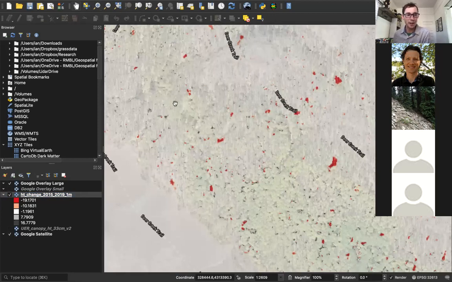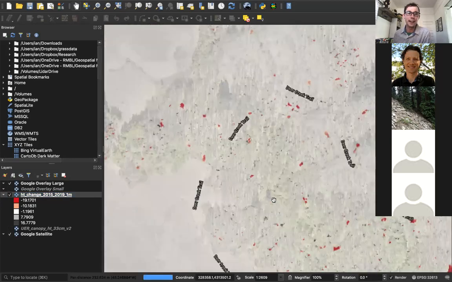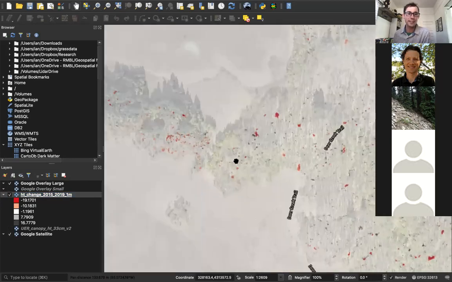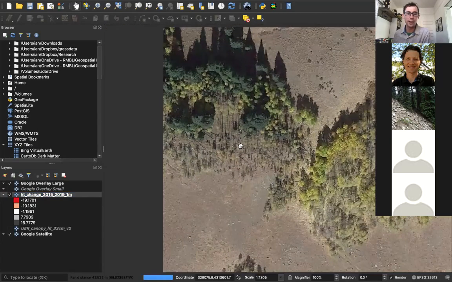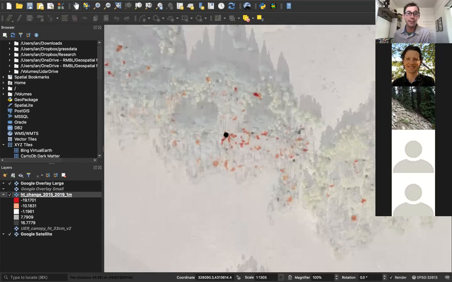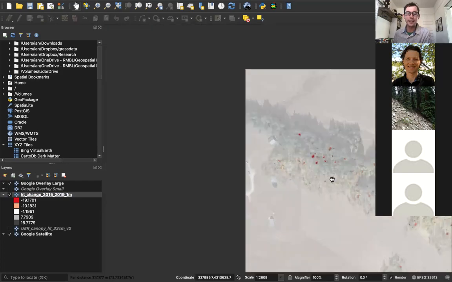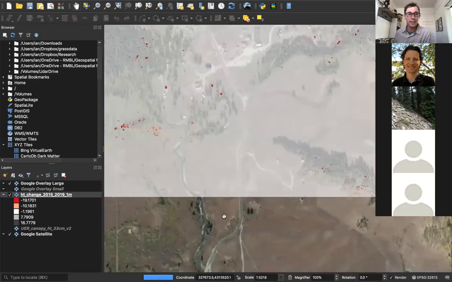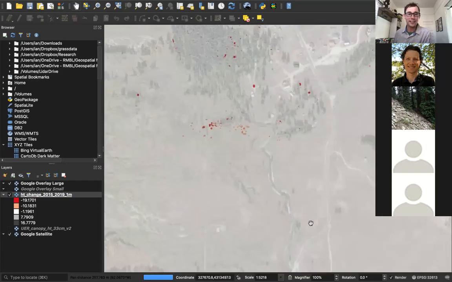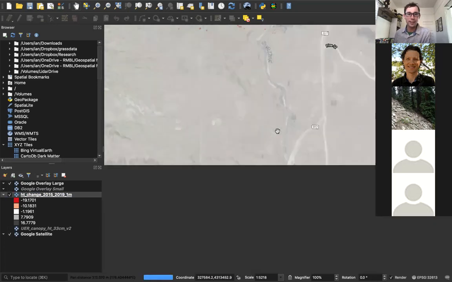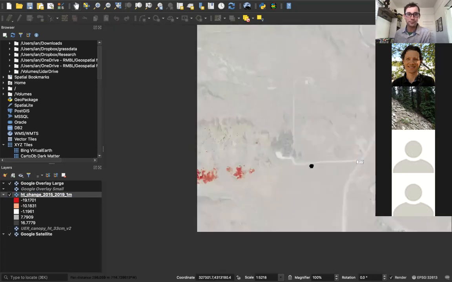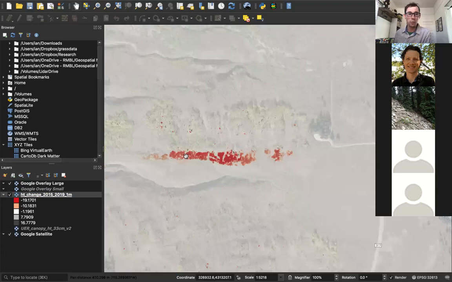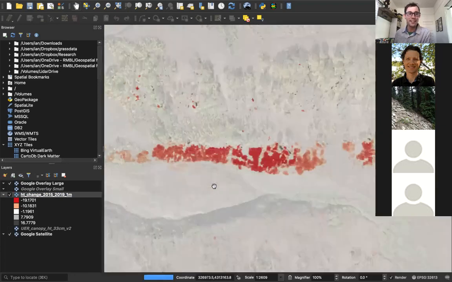So you can see that kind of scattered aspen mortality, but it's more common in some places than others. Like this stand, for example, has undergone a pretty significant decline over the past 5 years, whereas some other aspen stands don't. We can also see other disturbance agents acting in this landscape as well. In particular, this red stripe here is the aftermath of an avalanche that happened in March of 2019.